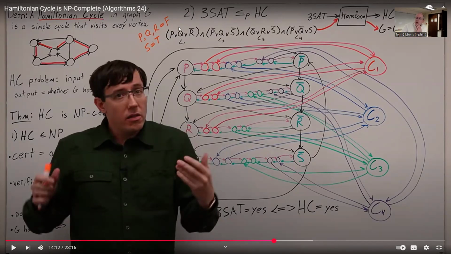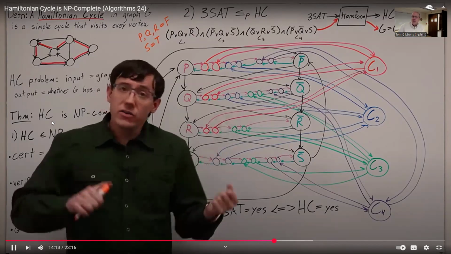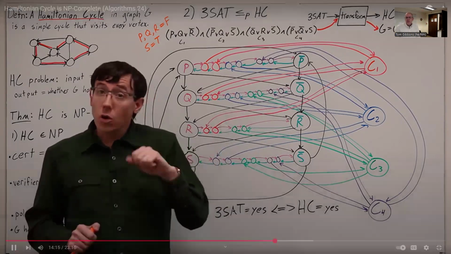But it won't be both true and false. You're either going to go this direction or this direction, because you're given an assignment. Same with S, or if Q is false, we're going to start at not Q and go this way. So you're given an assignment, and then you're going to have to find your path.